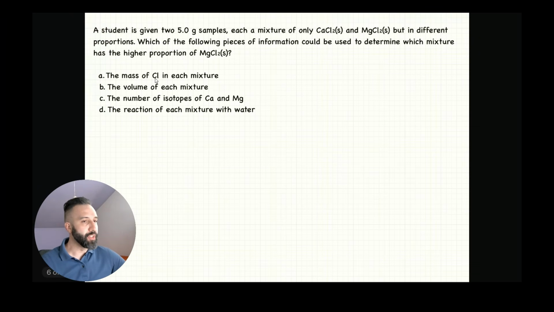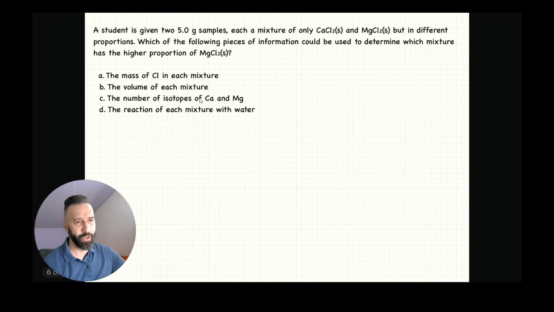The mass of Cl in each mixture. I mean, yeah, the mass of Cl would help, although you wouldn't be able to calculate only through that, but it will be a useful piece of information. The volume of each mixture, I mean, you can see that we didn't even talk about volume here. It has nothing to do with it.